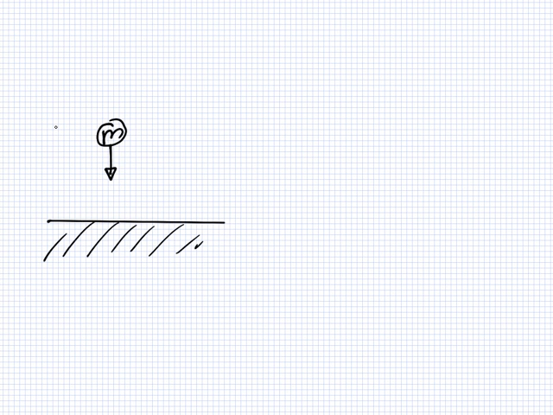Alright, so here is the ground, and here is the M, and this is the height here, and this is mg, and the potential energy would be mgh. Now let's compare it with this picture. No gravity.